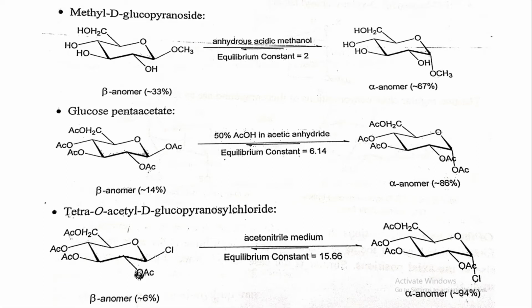You can see that for the methoxy substituted conformer the alpha anomer is present at 67%, for glucose pentaacetate the alpha anomer exists at 86% concentration, and for the halogen it is almost exclusive at 94% concentration. So there is something which drives the equilibrium towards the alpha anomer in spite of the axial position. The answer is the anomeric effect.